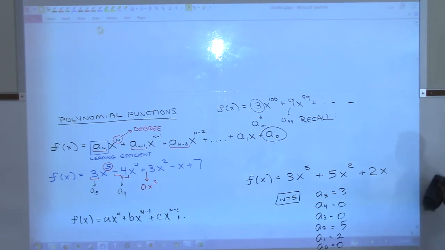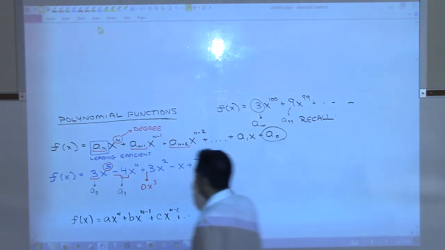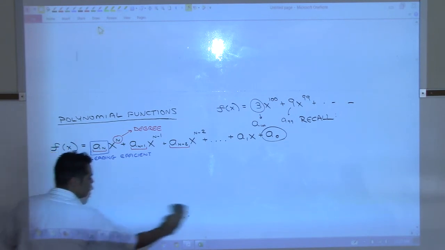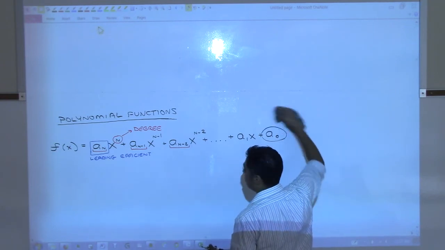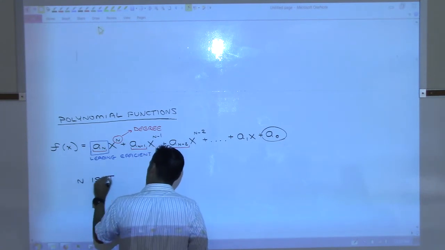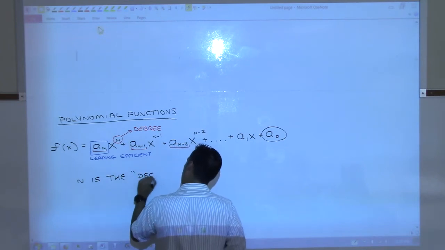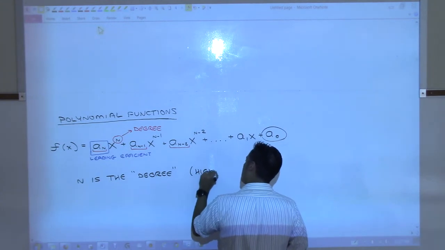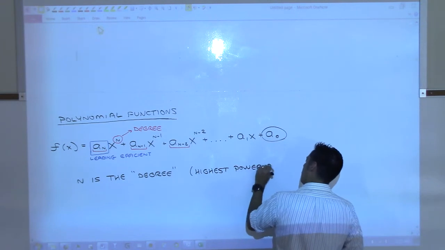Let me erase a lot of this and recap the most important aspects. Looking at this general polynomial, n is called the degree of the polynomial, and remember, that's the highest power of x that you see.